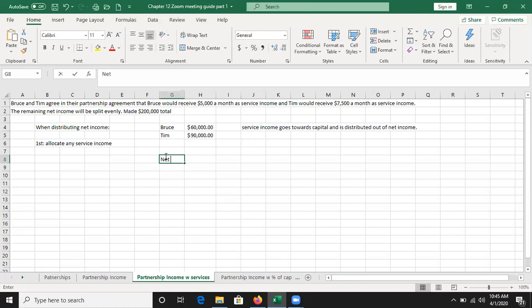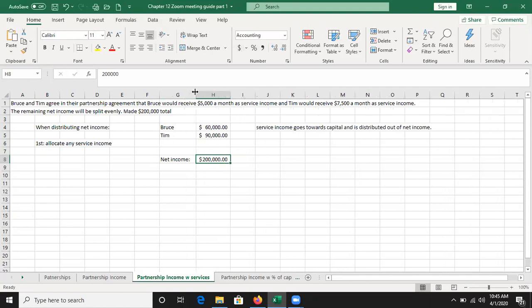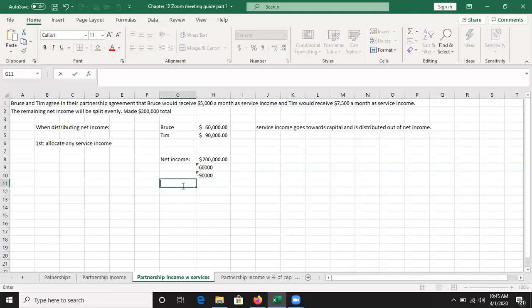So right now, net income is $200,000, minus Bruce's $60,000 that he's going to receive, minus Tim's $90,000, and we're going to be left with the remaining, or I'll put leftovers, 200,000 minus 60 minus 90. So the remaining net income is 50,000.